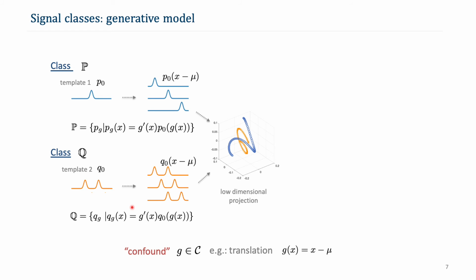So if we're looking at the problem of classifying these two classes, as you can see from this plot, in this case you will need a highly nonlinear classifier to do a good job. This is the situation if you consider the signal space.